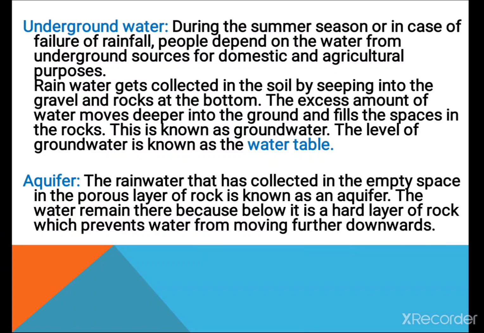The excess amount of water moves deeper into the ground and fills the spaces in the rocks. This is known as groundwater. The level of groundwater is known as the water table.